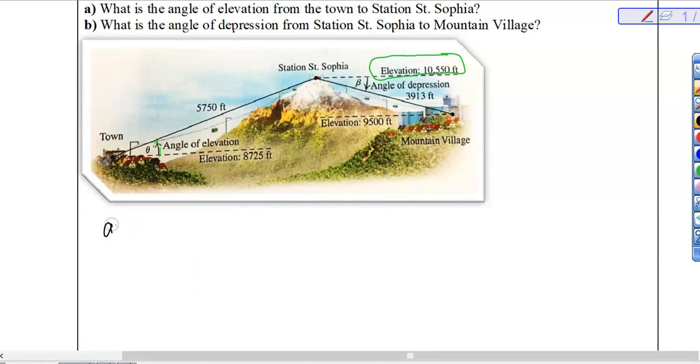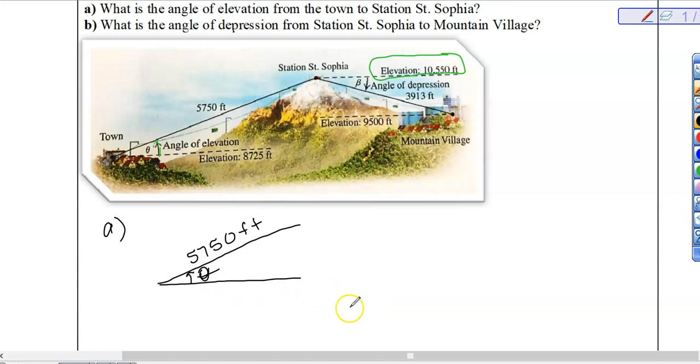So I'm going to grab my black pen so we can see what we're doing here. Okay, so we're going to do problem part A. Here's what I know. We're traveling this distance, and it tells us we're going 5,750 feet, and we're looking for the angle of elevation. This is what we want to know. What is theta? That's a really good theta. There we go.